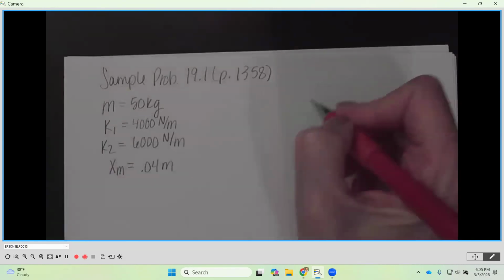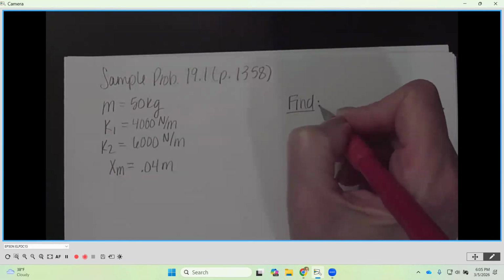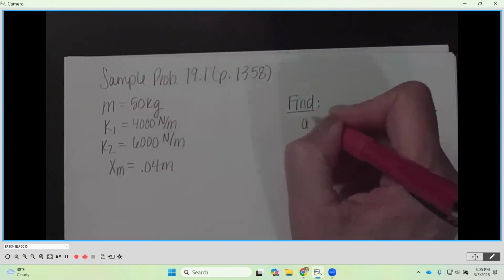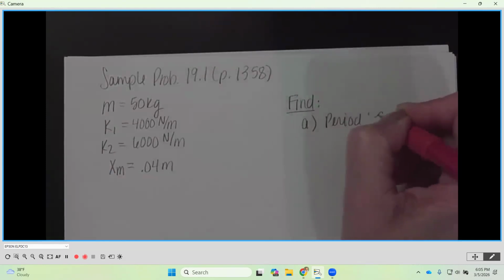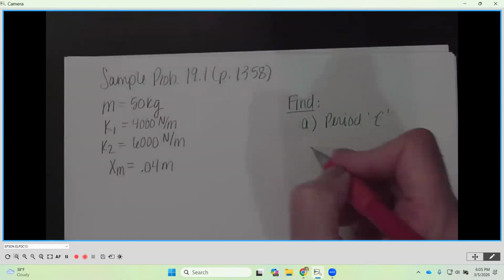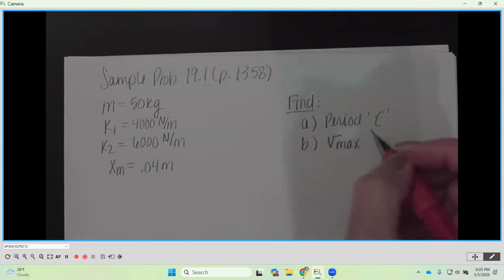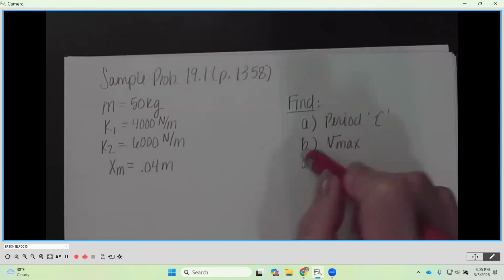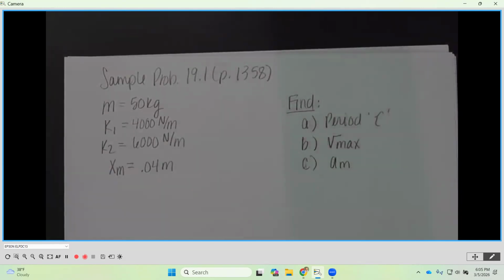We want to find, for each arrangement, the period, which we know to be tau, and then the maximum velocity, part B, and the maximum acceleration, part C.